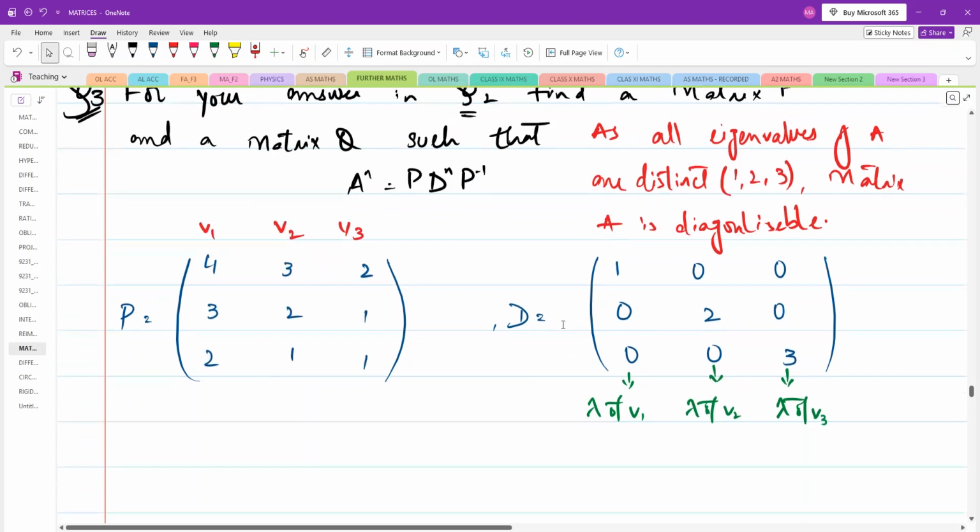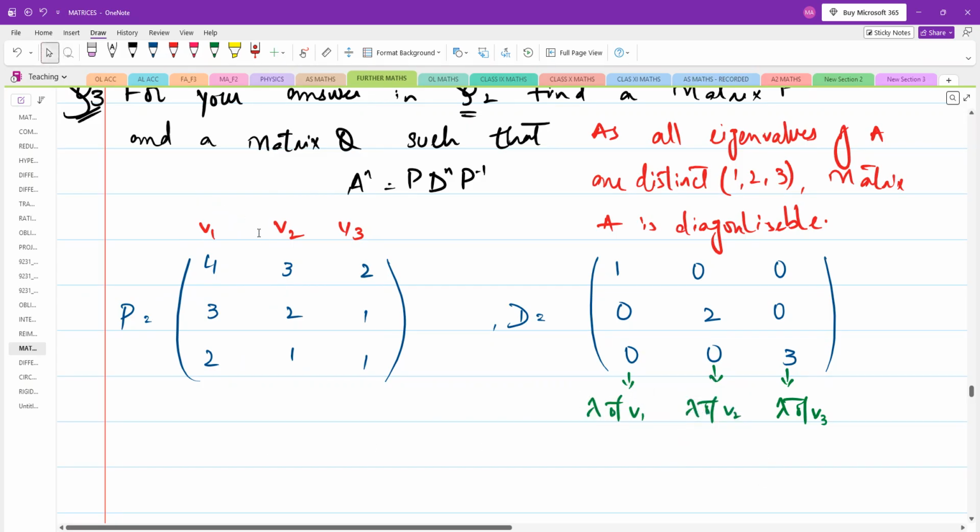Then you write lambda for eigenvector 1, lambda for eigenvector 2, and lambda for eigenvector 3. The order matters. If you put eigenvector 2 in place of eigenvector 1, you're going to be putting lambda of vector 2 here and then lambda of vector 1 here.